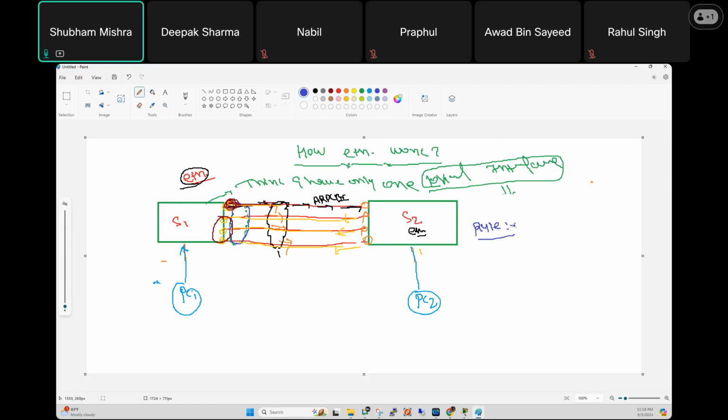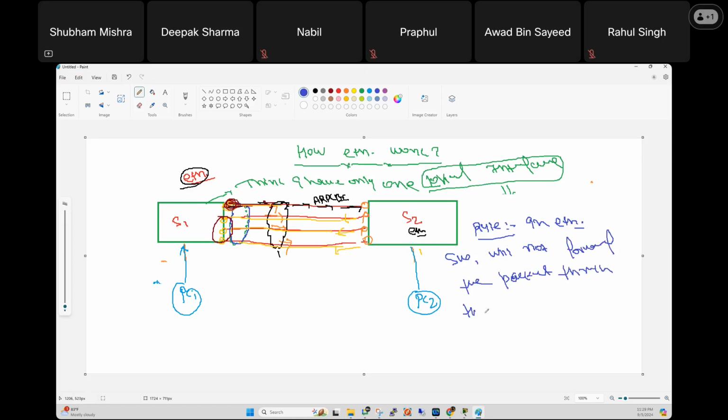The rule is: in ether channel, the switch will not forward the packet through those ports which are part of the same port channel. This is the rule.